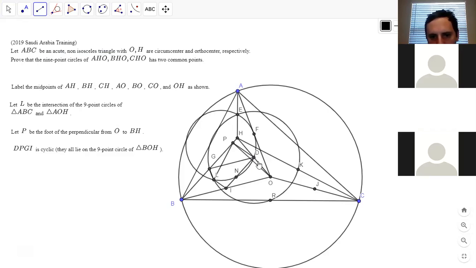So FLD is equal to FOD. Yeah, I'm trying to use information about L. We know that FLD is FOD, which is AOH.